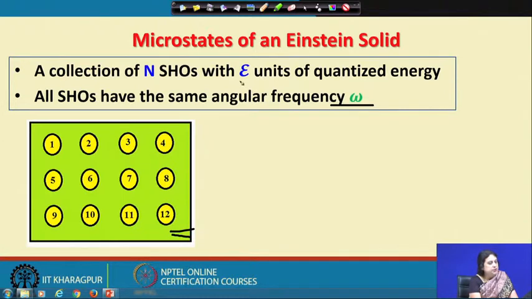It is also important to note that the total energy of the system is given by epsilon units of quantized energies.